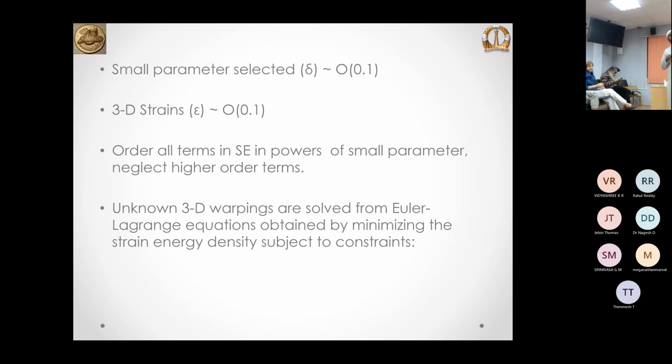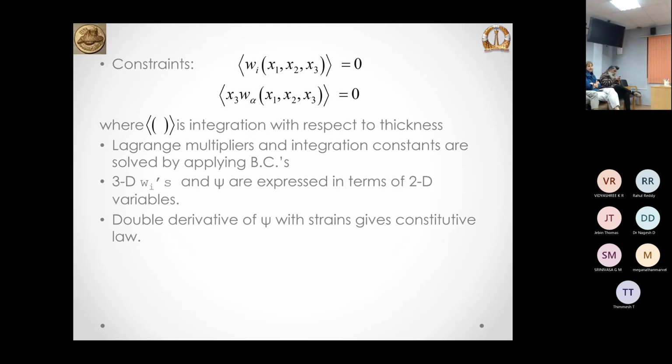Before that, we need to select the small parameter. Here, 3D strains are selected as the small parameter, 0.1. So we order all the terms in the strain energy in terms of small parameters, neglect the higher order terms, and apply the asymptotics. Unknown warpings are solved by minimizing the strain energy density function subject to constraints.